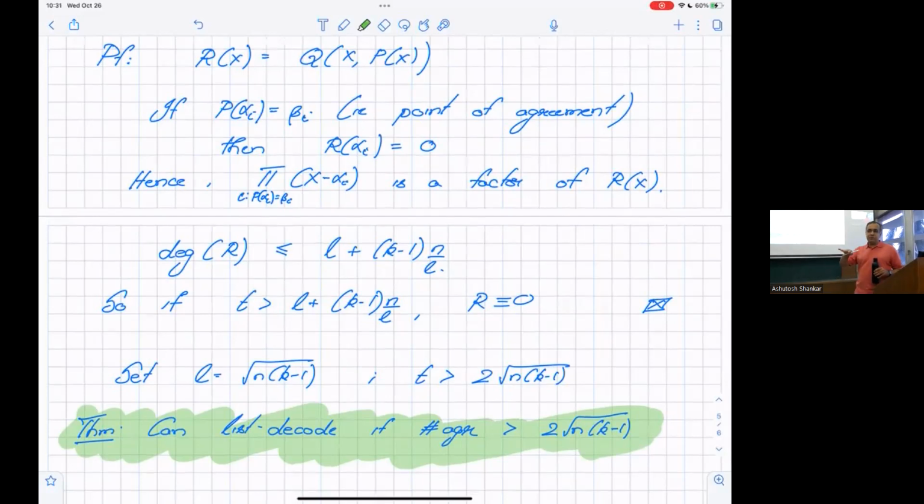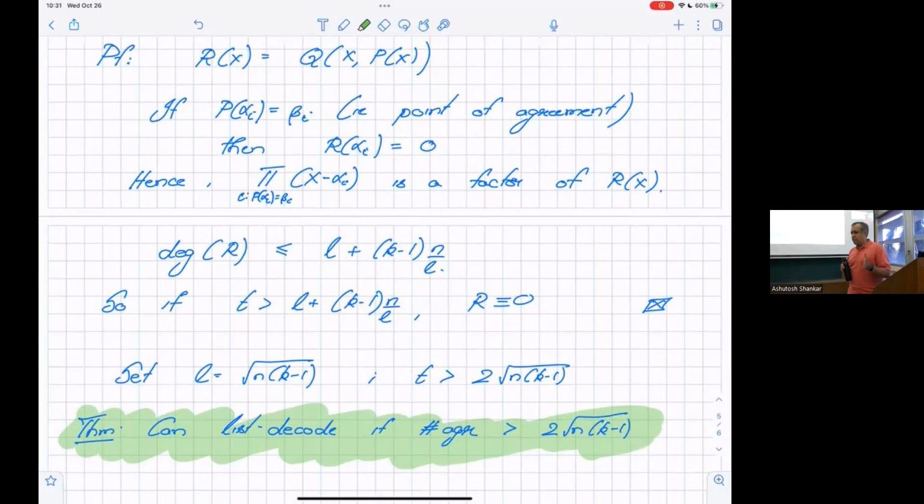If the geometric mean and the arithmetic mean are significantly apart, then even twice the geometric mean is going to be smaller than the arithmetic mean. When n and k are very, very close to each other, this is not going to happen. It's only when n and k are significantly apart from each other. So for those settings, this algorithm does better. For the other settings, you go back to the Welsh-Berlekamp algorithm, since this T is actually worse than what Welsh-Berlekamp is going for.